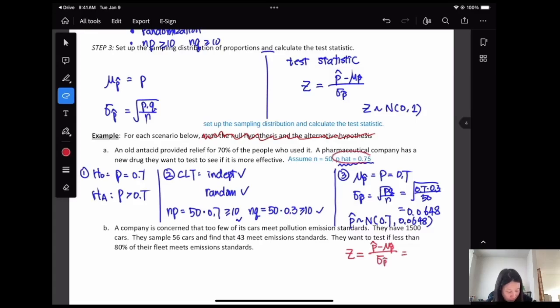The p hat they give you is 0.75, subtract 0.7. Earlier we already calculated sigma p hat, which is 0.0648. So our z-score equals 1.5432. Remember that the z-score follows a normal distribution with mean equals 0, sigma equals 1.